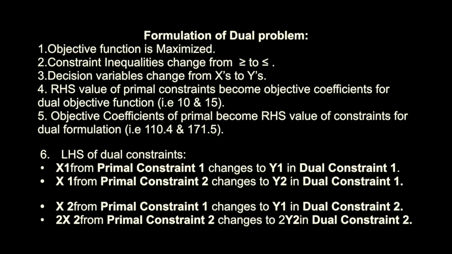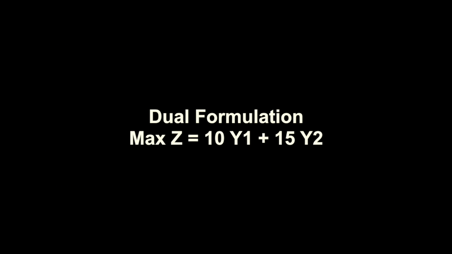To solve the left-hand side dual constraints, we take the transpose of the left-hand side coefficients and replace the x's with y's. As you can see, the z was switched from minimum to maximum, and the coefficients were replaced by the constraints, and y1 and y2 were previously x1 and x2.